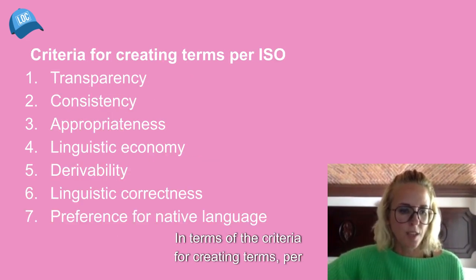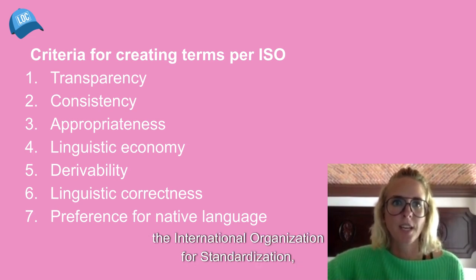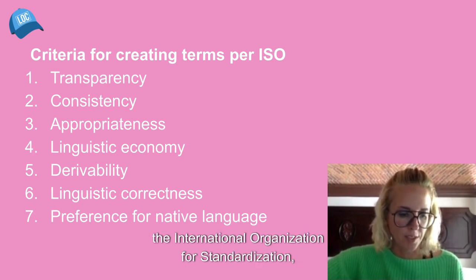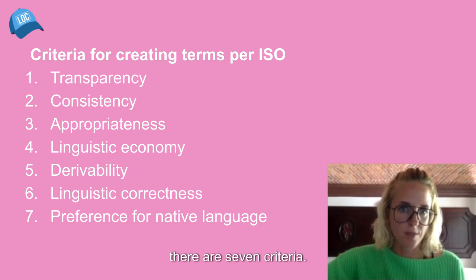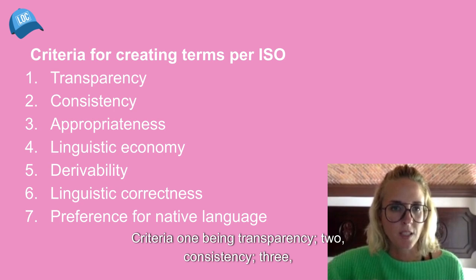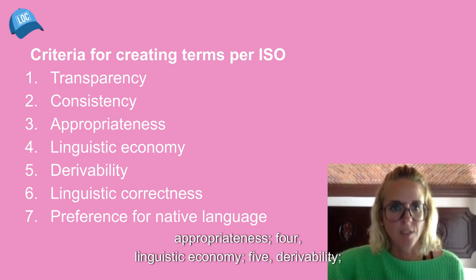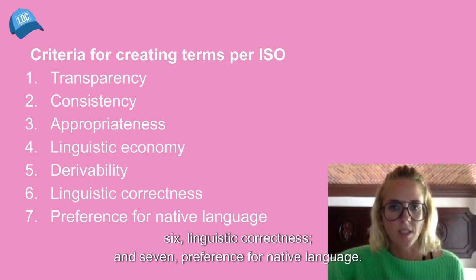In terms of the criteria for creating terms per the International Organization for Standardization, there are 7 criteria. Criteria 1 being transparency, 2 consistency, 3 appropriateness, 4 linguistic economy, 5 derivability, 6 linguistic correctness, and 7 preference for native language.